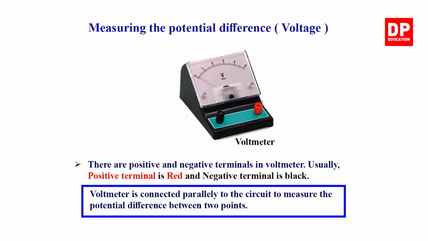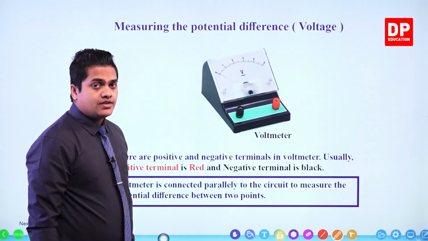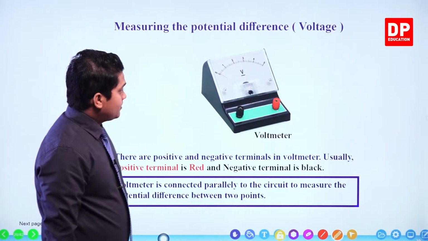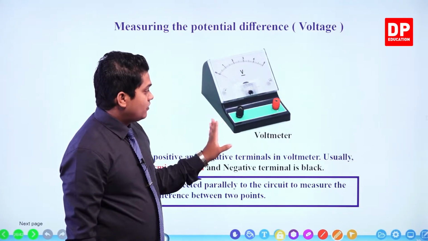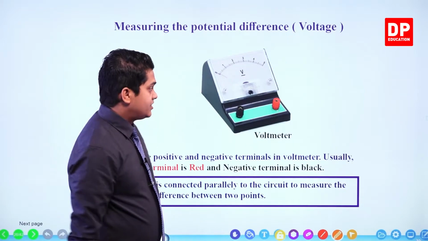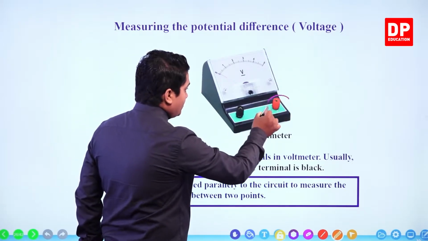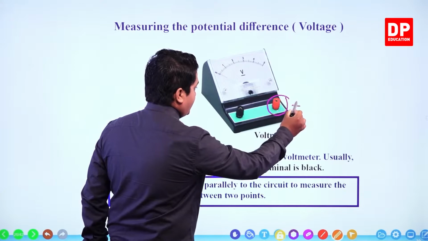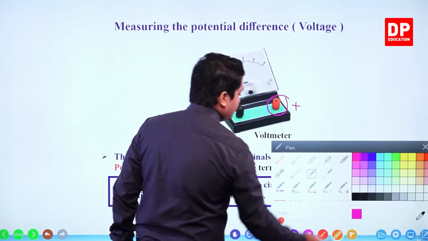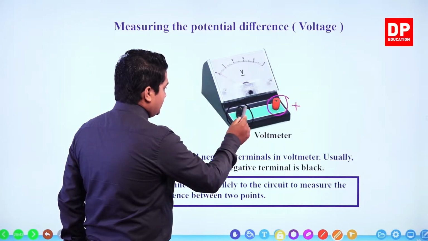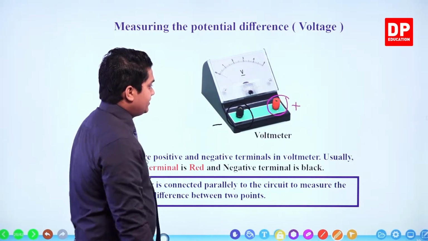Now let's see how to measure the potential difference or the voltage in a certain circuit or an instrument. So this is called the voltmeter. Here you can observe a red color terminal, which is the positive terminal, and the black color terminal here, which is the negative terminal.